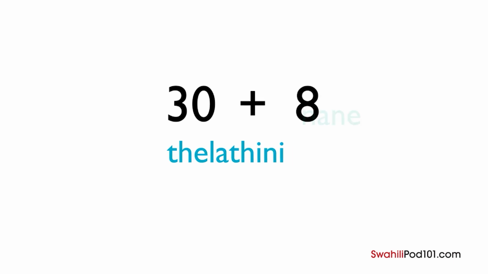The last thing to learn in this lesson is how to form compound numbers above 20. This is also super easy. Take the tens and simply add the numbers you learned in the first lesson. Let's try it out. How would you say 38 in Swahili? Let's take it step by step. 30 is thelathini, and then add 8, nane.